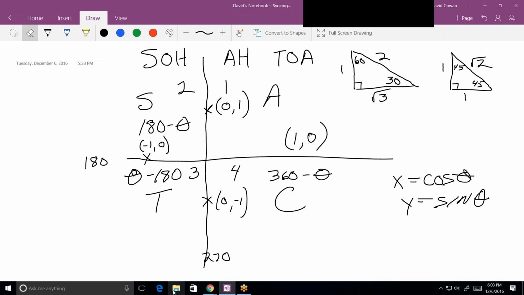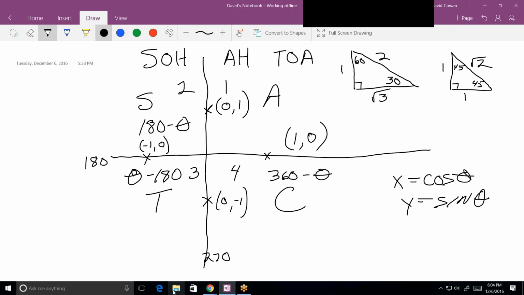I got 180 minus theta in the second, theta minus 180 in the third, 360 minus theta in the fourth, and I got all four terminal points of the ray that would represent 0, 90, 180, and 270. In other words, those four x's that you see. And what that allows you to figure out is the quadrangle.